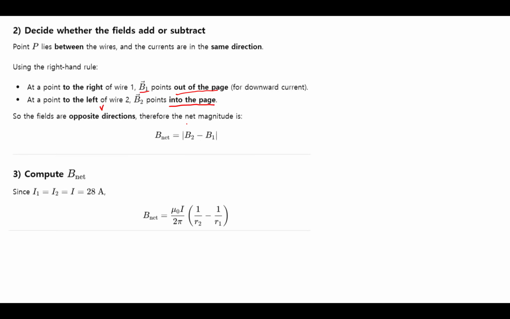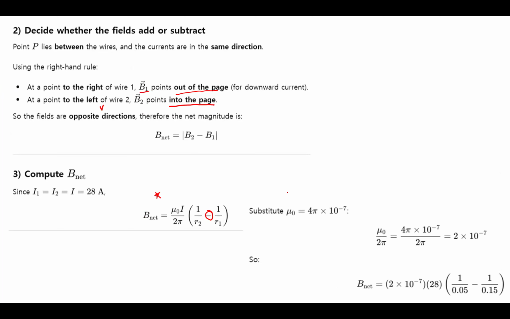Therefore, the net magnitude is given by B2 minus B1, the absolute magnitude, and then it is given by this one. Note that it is subtracted. If you just plug in all the things, then you may get the right magnetic field. But you have to have the right unit. Current I is in ampere, and this distance R should be in meter. That's the key point.